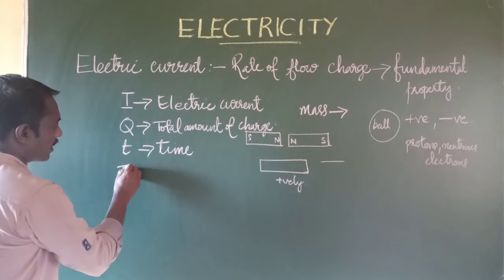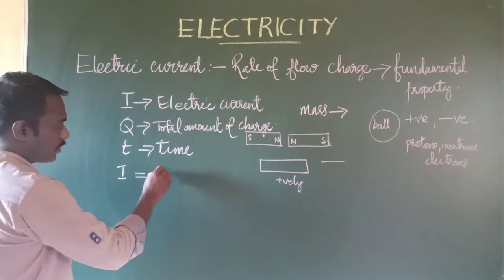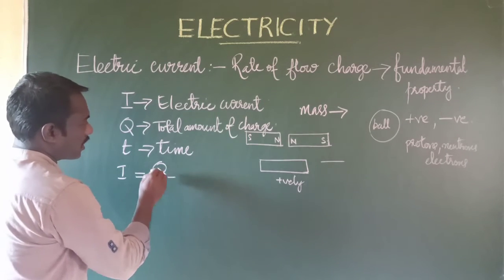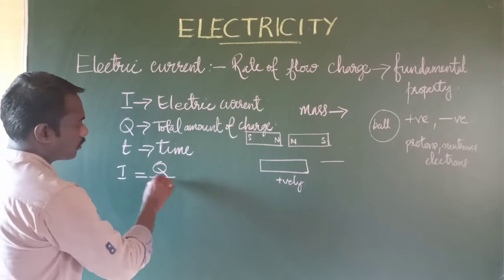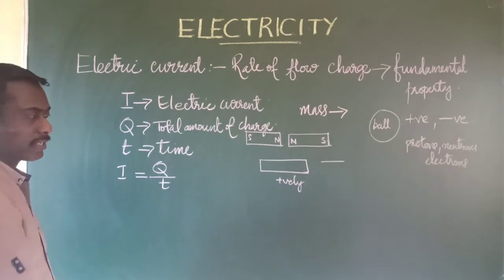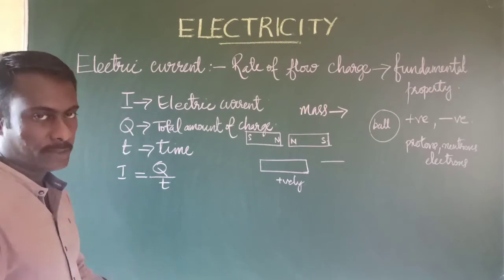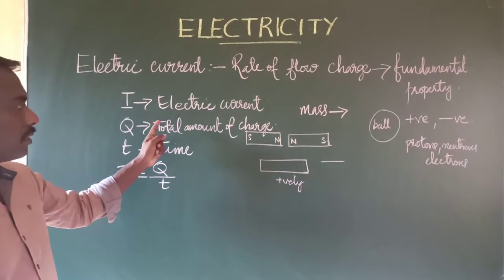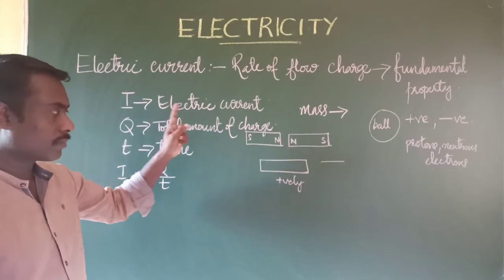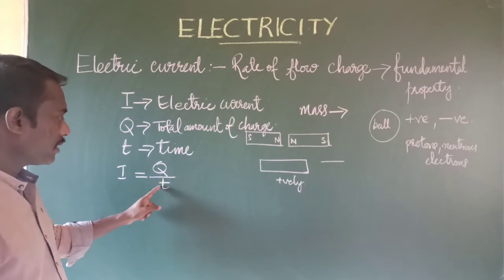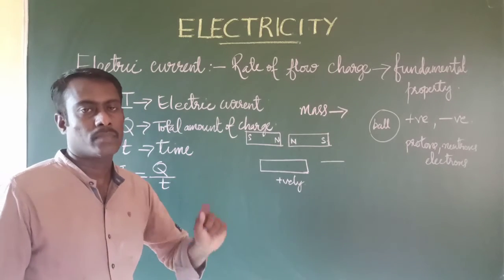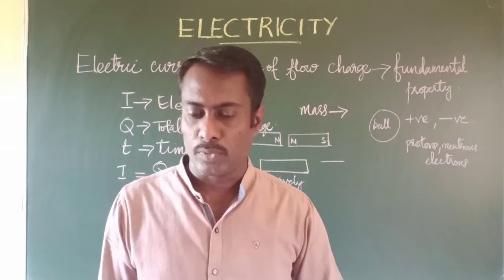The electric current I can be written as I is equal to the total charge flowing through the conductor divided by time. I is equal to Q by T, where Q is the net charge flowing through the material and T is the time for which the charge flows.